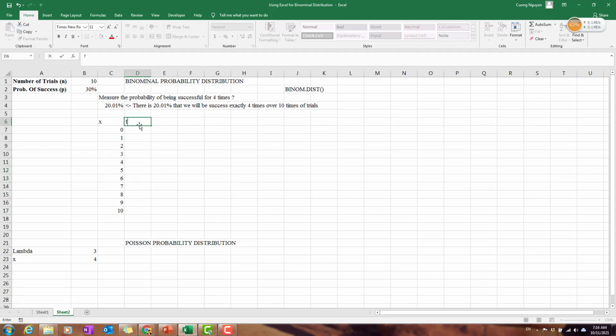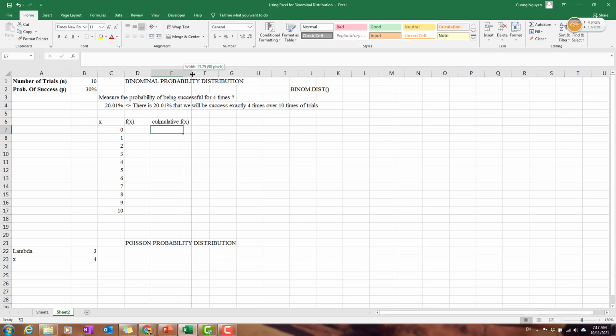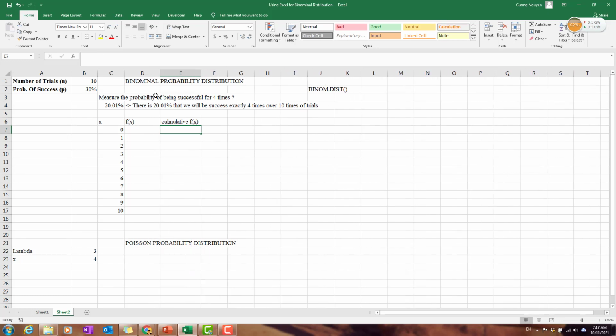This will be the distribution function of x, and another column will be the cumulative function of x. We will generate the numbers and see how they differ.